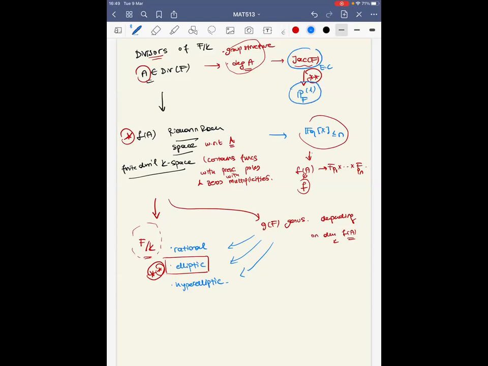And this bijection will allow us to transfer the group structure of the Jacobian to the rational points of the elliptic curve. And we will be able to conclude that the rational points of elliptic curves also form an abelian group without using the elliptic curve arithmetic.